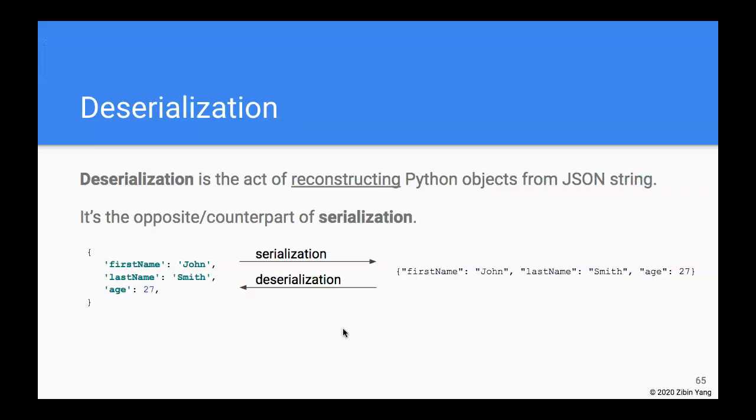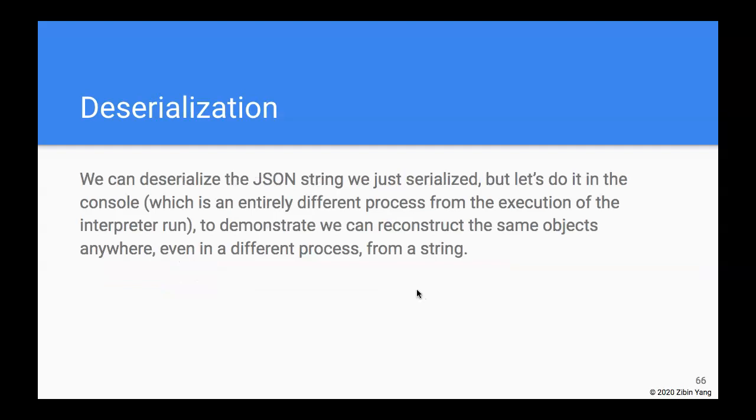So the next thing we're going to talk about is the deserialization process. Remember, serialization is where we turn a Python object into a JSON formatted string. Deserialization is the opposite: taking in a JSON string and reconstructing the original Python object from it.